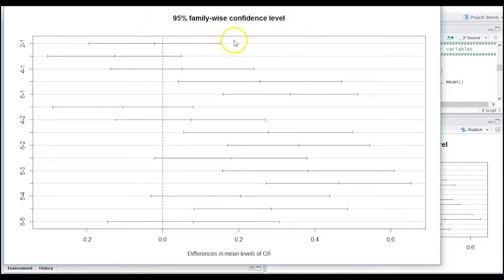So this is telling us that we have corrected for multiple testing, and we see, okay, not all are overlapping with 0, so we have a significant difference between segments, and we can, for example, see here that segment 2 and segment 1, here we have an overlap with 0. They are not significantly different in their mean values of moral obligation, whereas here the comparison segment 6 versus segment 1 indicates that segment 6 has a significantly higher mean of moral obligation values.